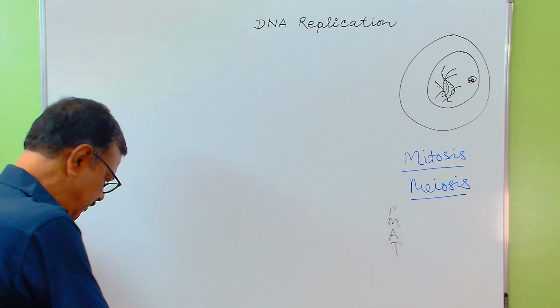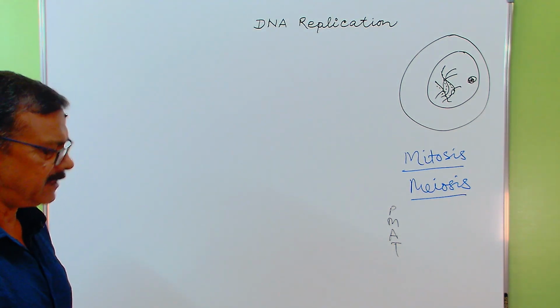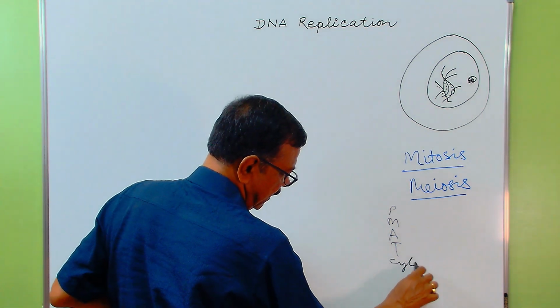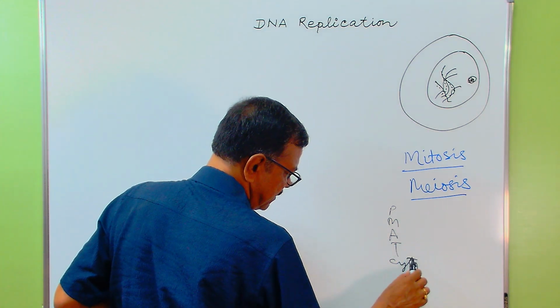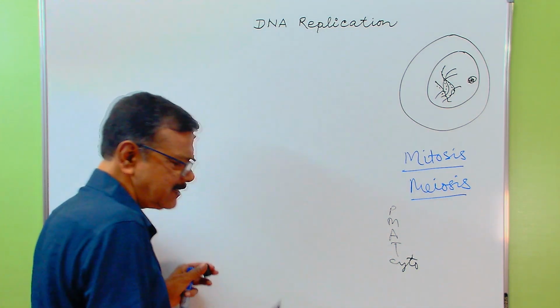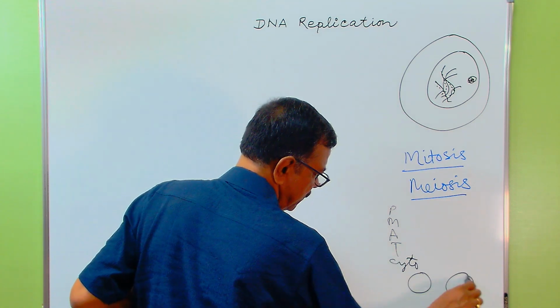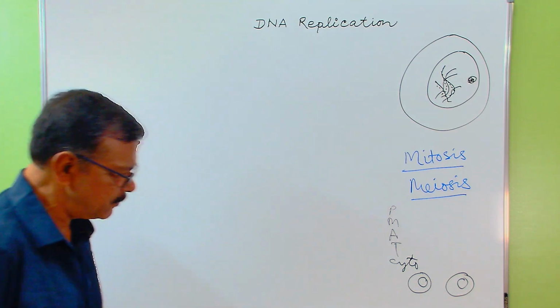After the telophase, cytokinesis occurs, in which the cytoplasm divides, and then two identical cells are produced.